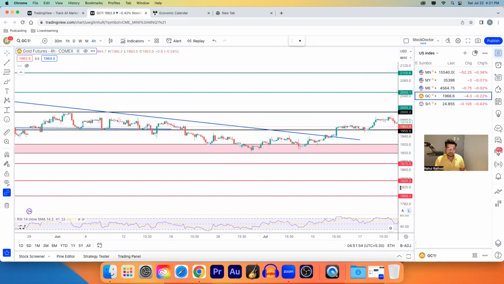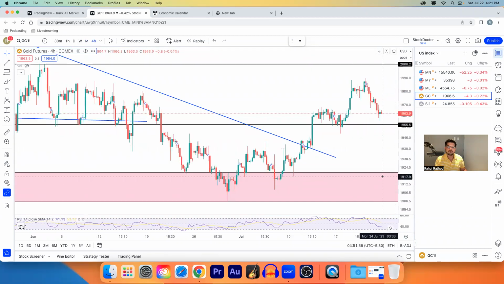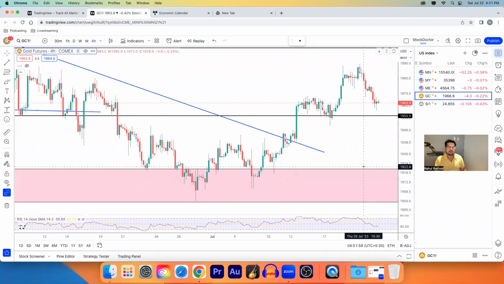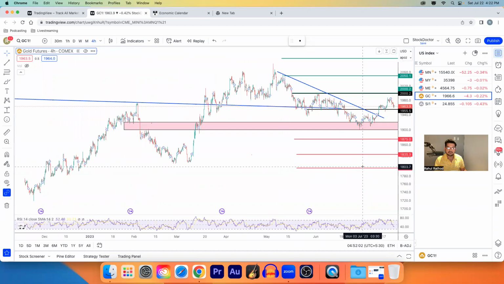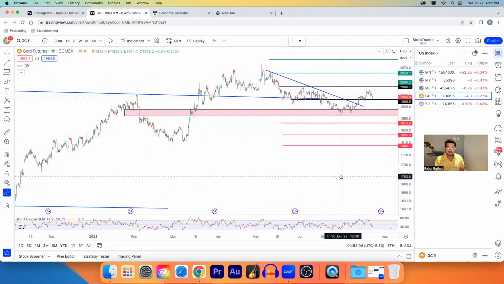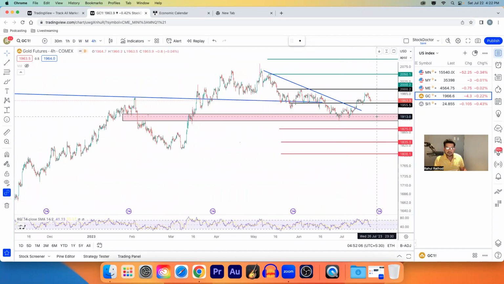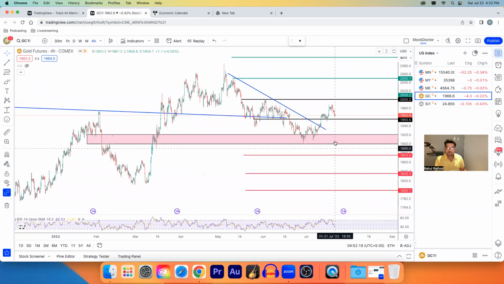Okay, so the chart is clear. It says that gold has support between 2000 and 1950. So this $50 range is the support area for gold, right?